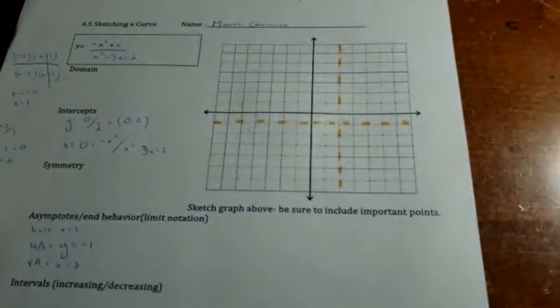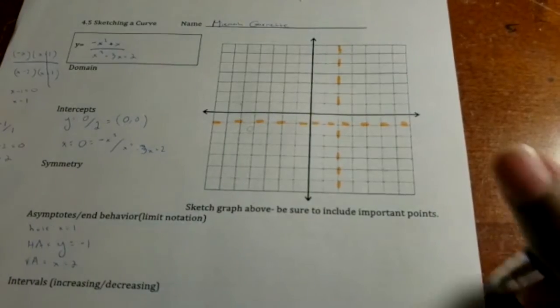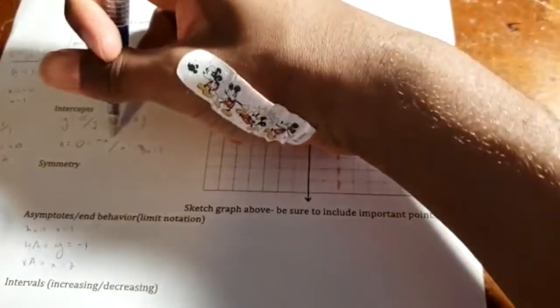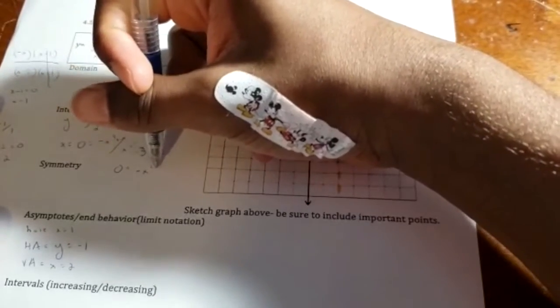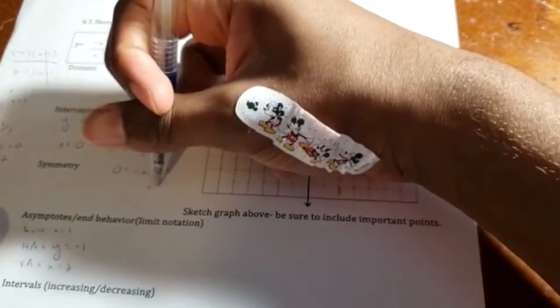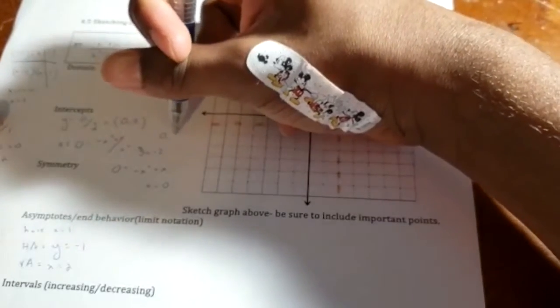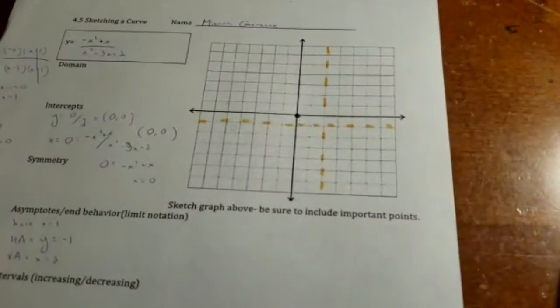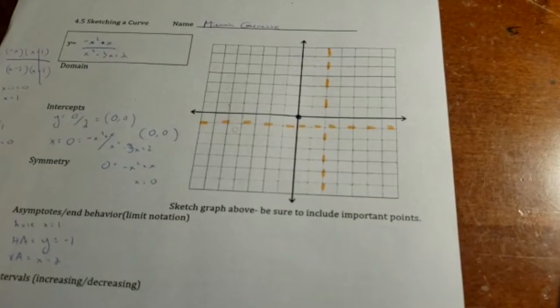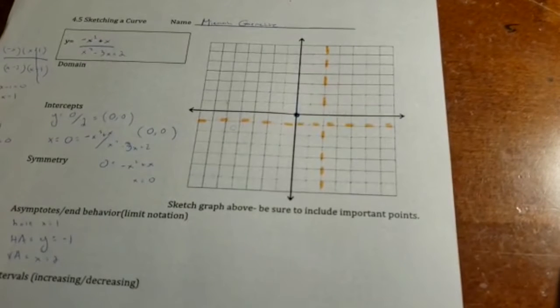You'll multiply both sides by the denominator, and you'll get 0 equals negative x squared plus x, where x equals 0. So again, you'll get (0, 0). And you can add that point on the graph for the intercepts.